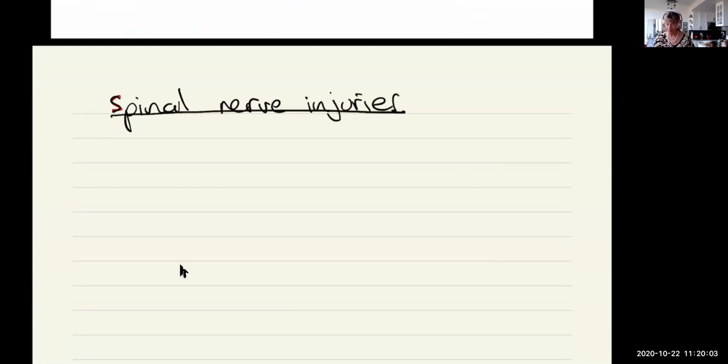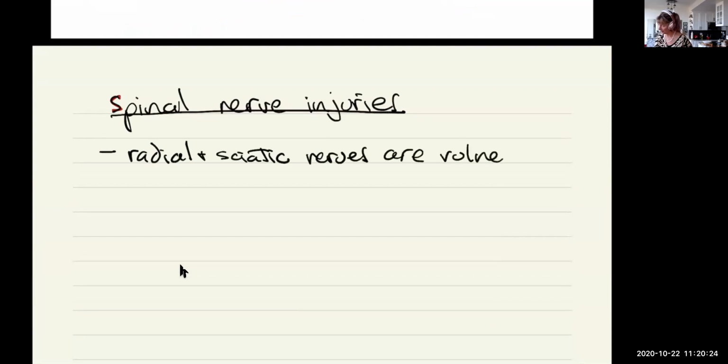So, spinal nerve injuries. There are some nerves that are particularly vulnerable to injuries. Radial nerves, for example, and sciatic nerves are vulnerable. I'm giving these to you by way of example.